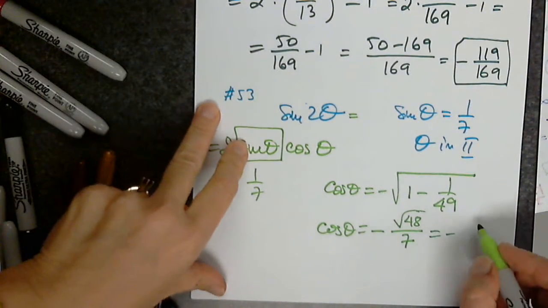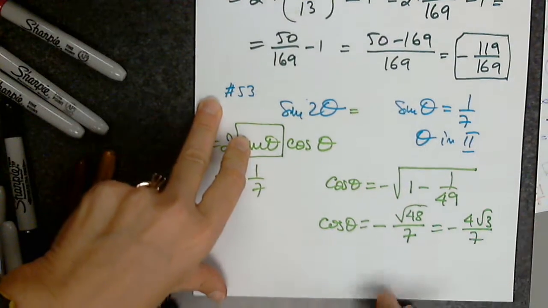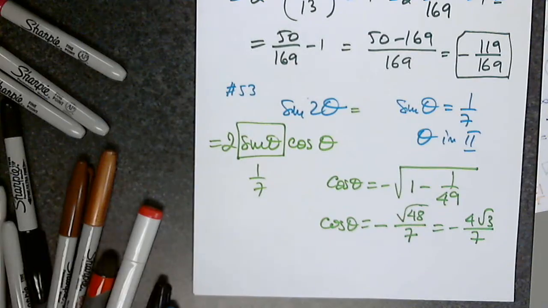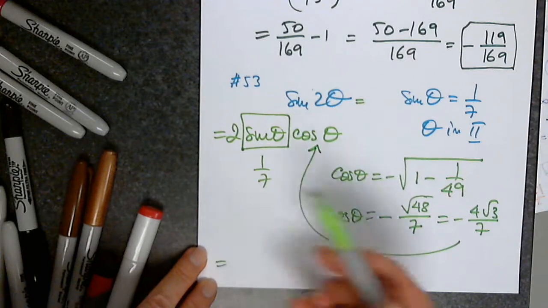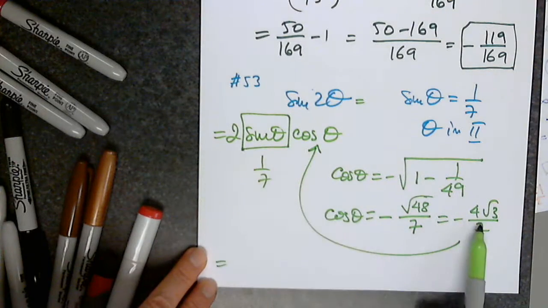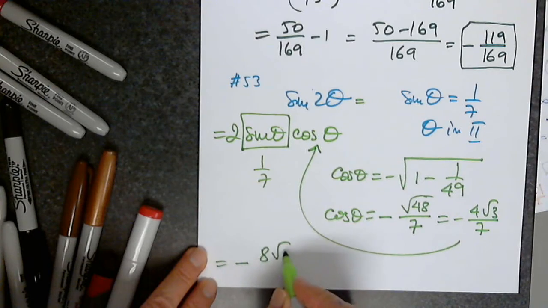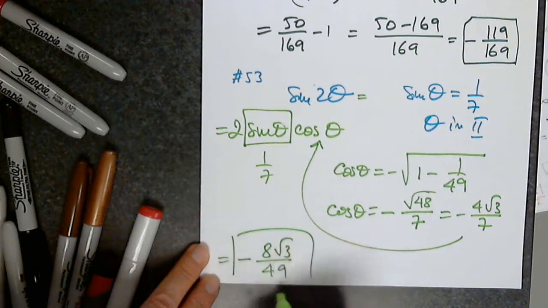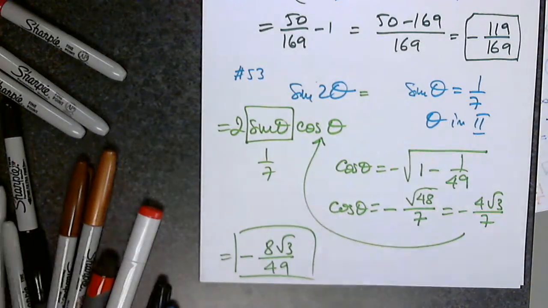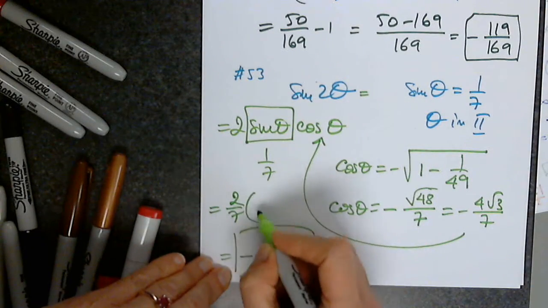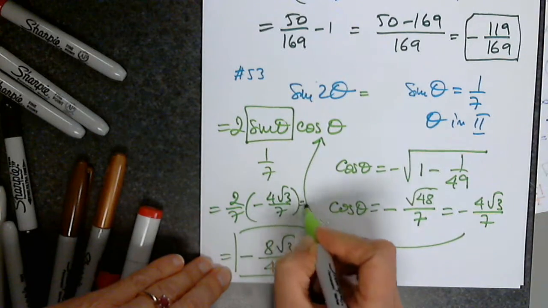So this is 4 the square root of 3 over 7. Now I have this piece. So I want to determine the whole thing, multiply. So 2 times negative 4 is negative 8 the square root of 3 over 49. And this is it. So 2 over 7 multiplied by negative 4 the square root of 3 over 7.